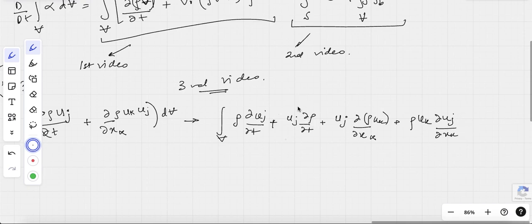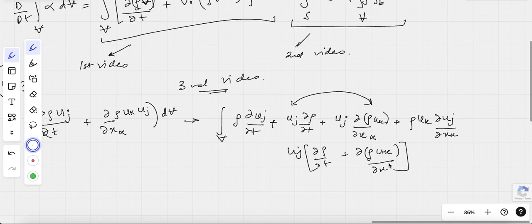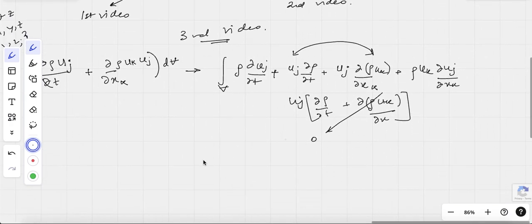Now if we take uj common from these two terms, uj times d rho/dt plus d(rho uk)/dxk, this is the continuity equation, and this is equal to 0, right? So only these two terms are remaining on the left hand side.